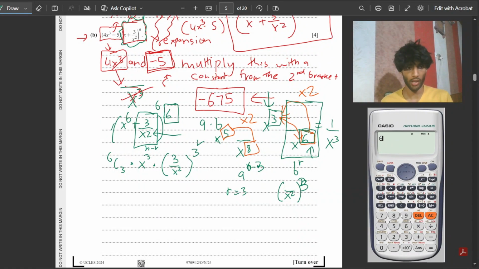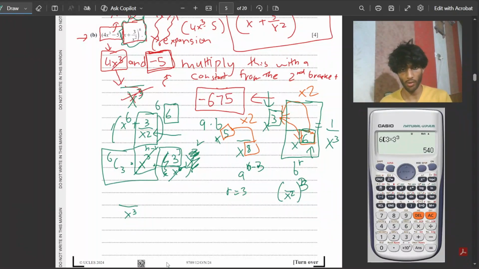We have 6 choose 3 times 3 raised to the power 3. That's going to be 540. There's a 3 on top there, and the 3 is going to turn this into a 6, so this thing cancels out with this thing. My answer has a denominator x to the power 3, and the rest solves to give me 540. Boom. This is the expansion of the second bracket I need.